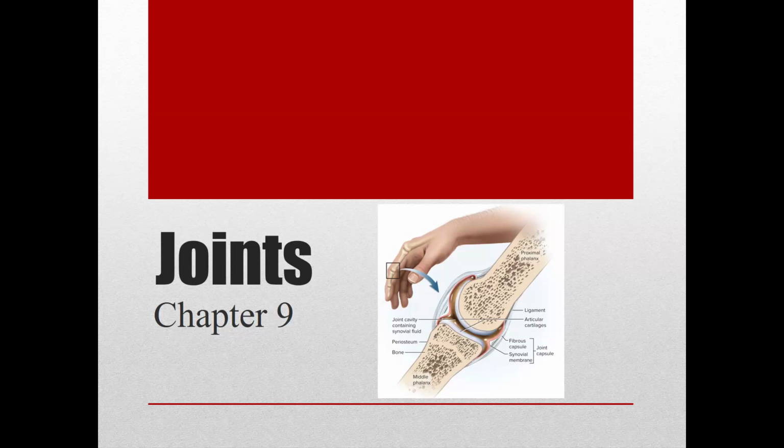So the synovial class is the one that we've been working in. This is what we've been swimming in all the while, doing all these movements of the neck, arm, shoulder, hip, all that stuff. This is what's going to be called diarthrotic.